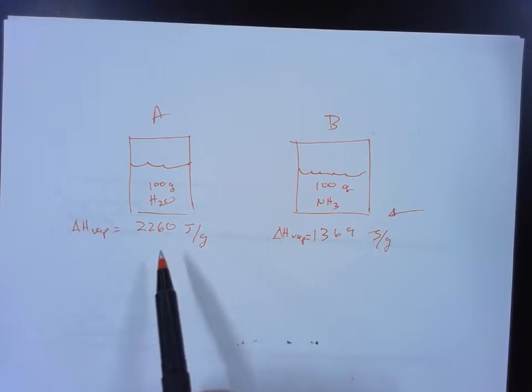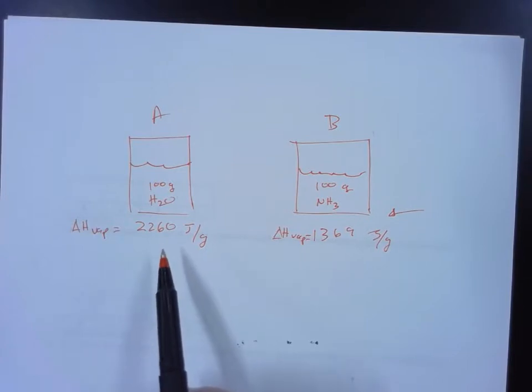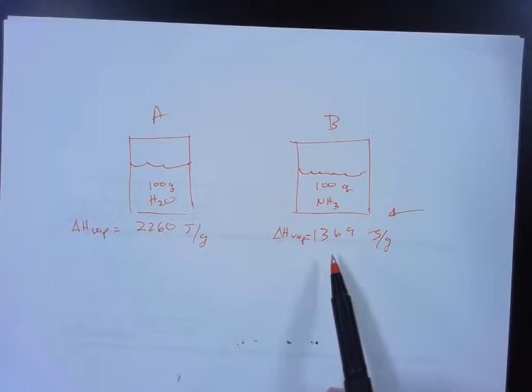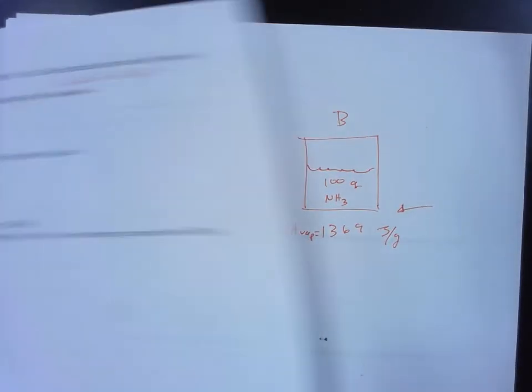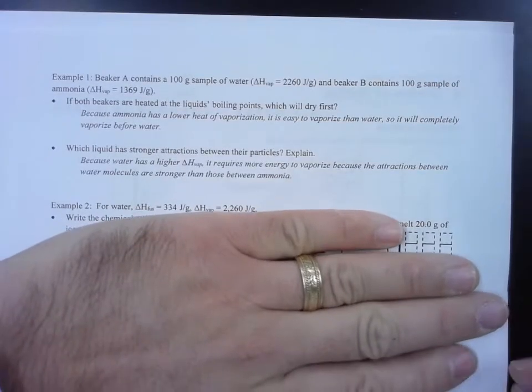So this has a higher delta H of vaporization because more heat is required, because the particles have a stronger attraction between them. These particles here, the strength between them is not as strong, hence the lower delta H of vaporization. You can write something like that, and I'll pause so you can copy this.